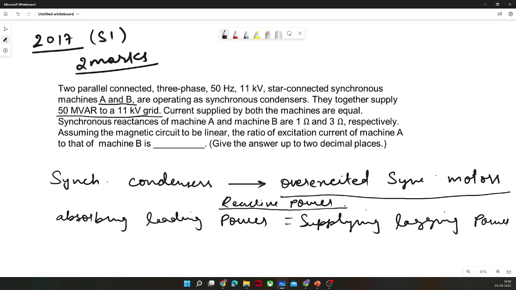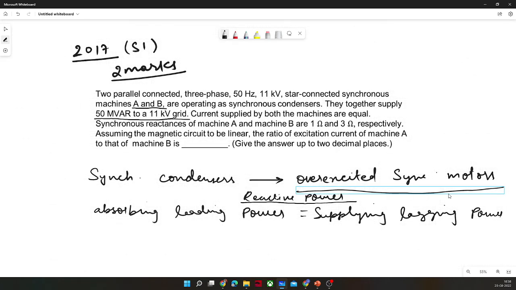So that's why one machine is overexcited. It is supplying lagging reactive power to grid. The grid further can supply the lagging power, or from the bus it will go to the other underexcited motor. So like this kind of terminology you can fix it in your mind. Yes, sir. Got it, sir.